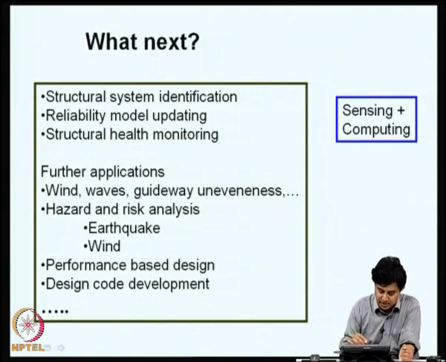Apart from possible forays into these areas, there are other issues that we could build upon. For example, most of the applications that we considered in this course have been on problems of earthquake engineering. Similar studies on wind induced vibrations, offshore structures under wave loads, and guideway unevenness, that is automobiles taxiing on rough roads or aircraft taxiing on uneven runways, etc., could be studied.